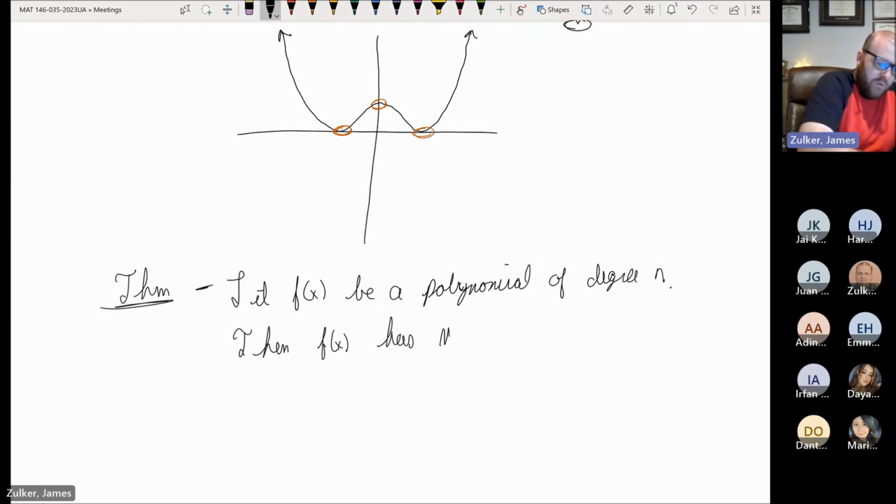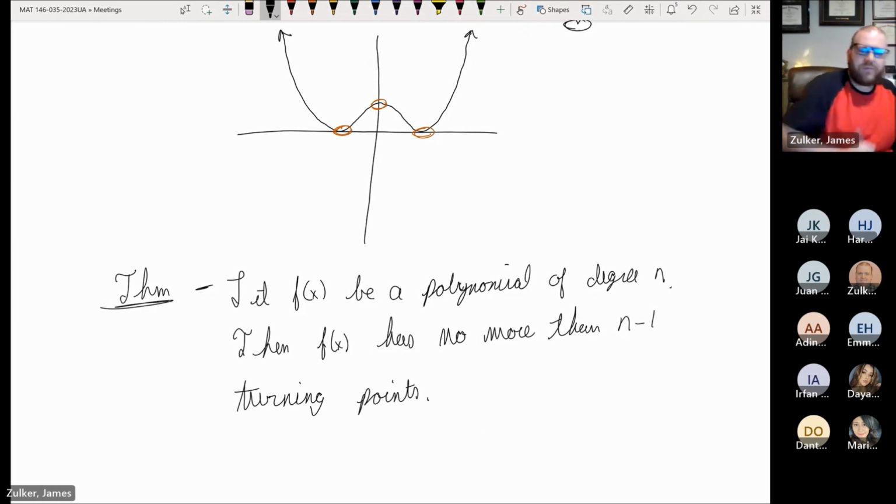Then f of x has no more than n minus 1 turning points. Notice what this tells us. It doesn't tell us that it has n minus 1. It tells us it has no more than n minus 1. In other words, the maximum number of times the graph of an n degree polynomial can turn is n minus 1.